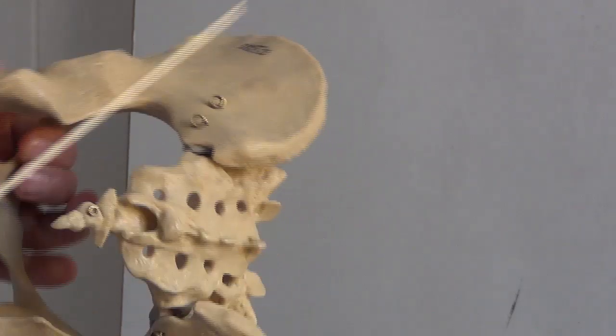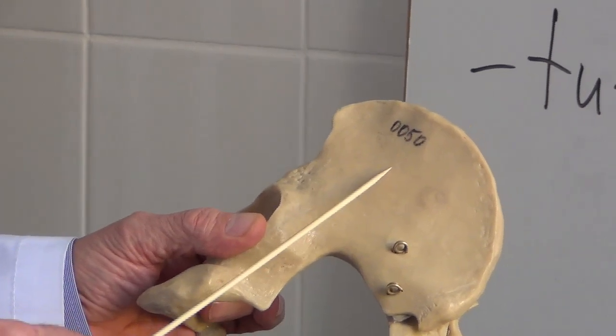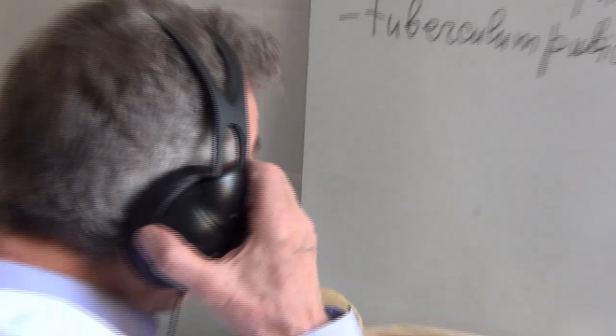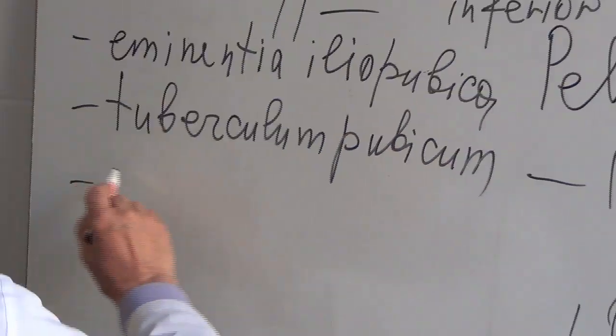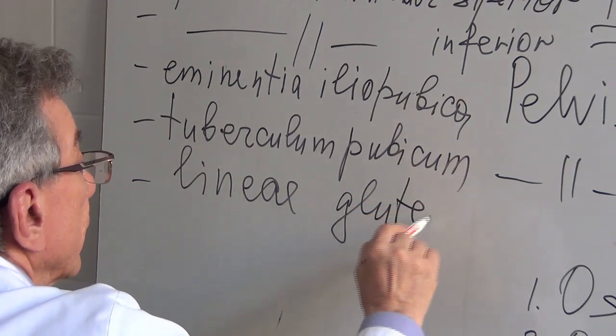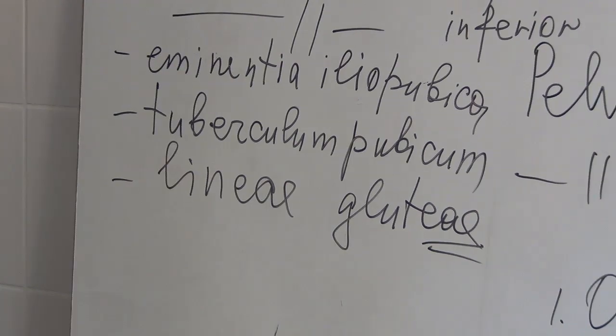There is muscle which is good for stimulating of education, so named musculus gluteus, and this surface has several gluteal lines. This is gluteal lines, linea glutea.